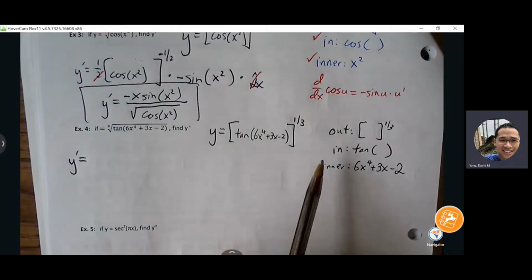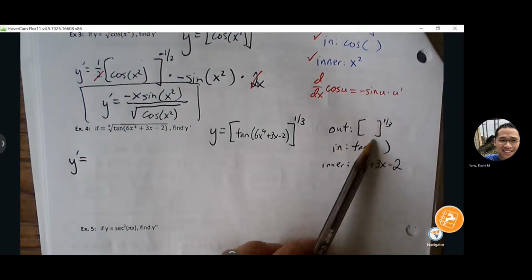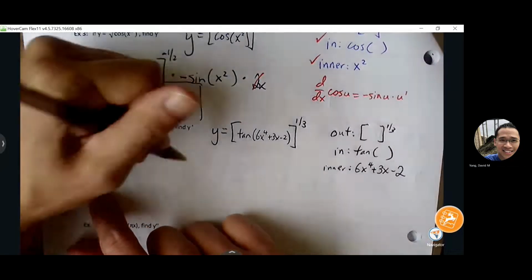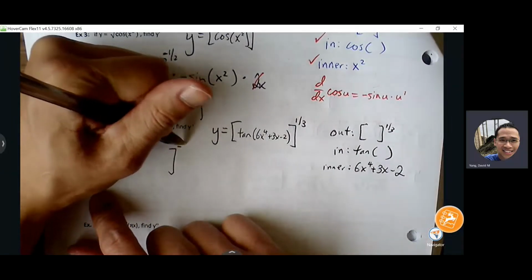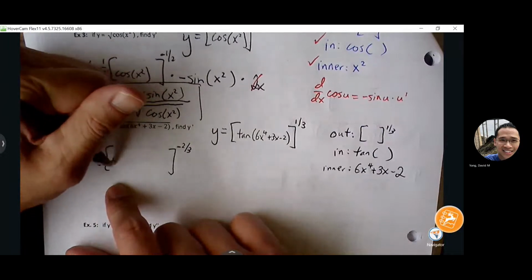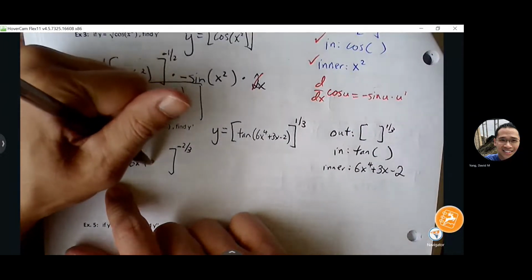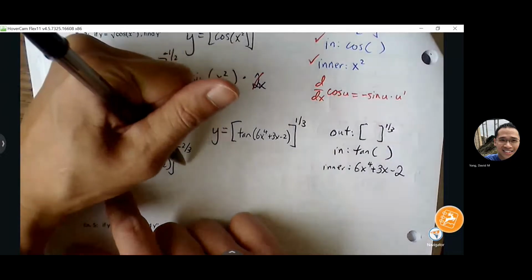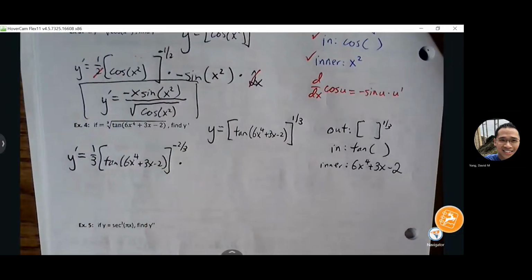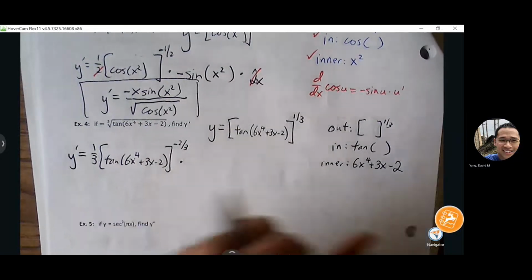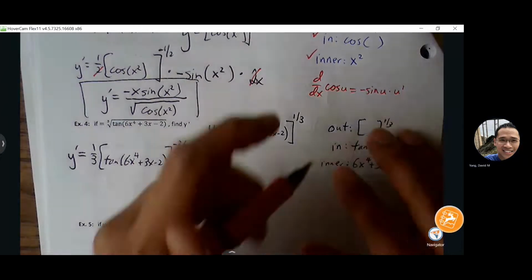Okay, outside derivative, let's take care of that power rule. Everybody good so far? Outside derivative, we can check that off.